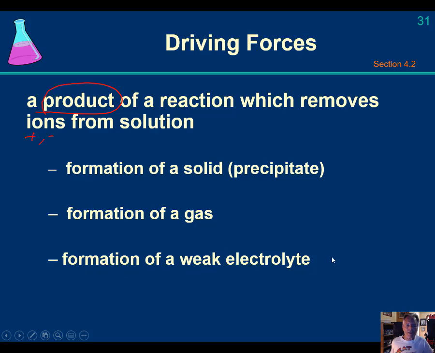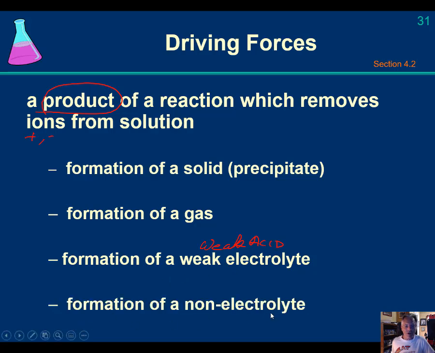Formation of a weak electrolyte. Usually the weak electrolyte that you're going to see form is a weak acid. Okay? And this is an acid that is not one of your 7 strong acids. So if you see a weak acid over on the product side of your metathesis reaction, dollars to donuts, that is the driving force for your reaction.